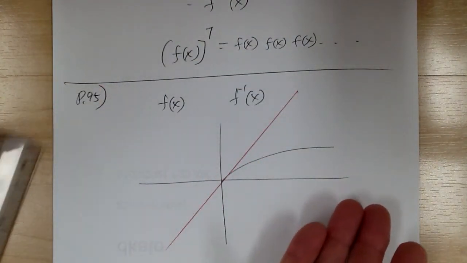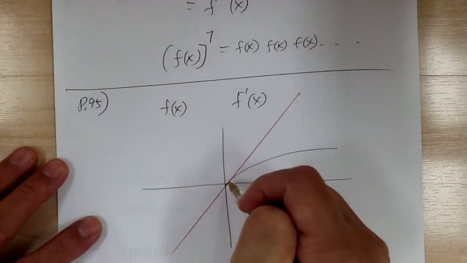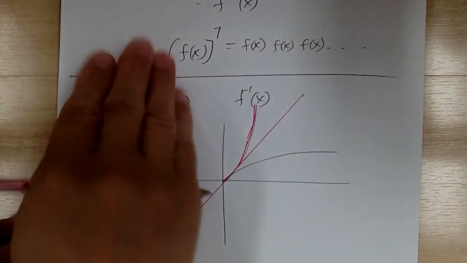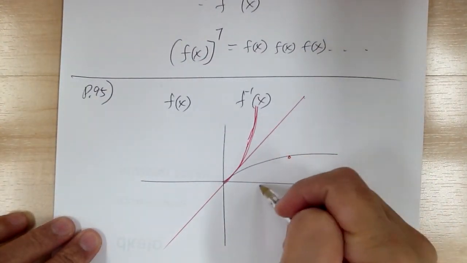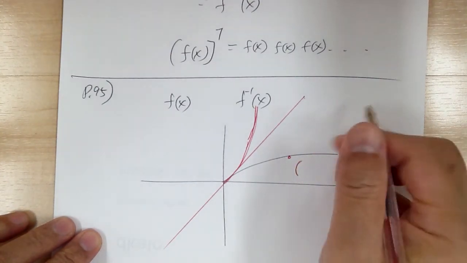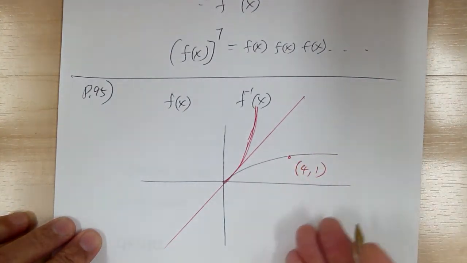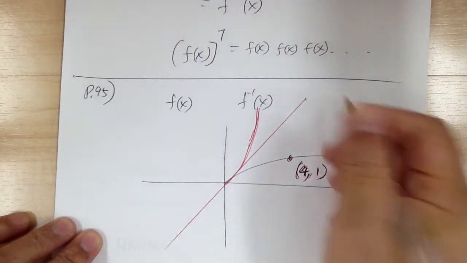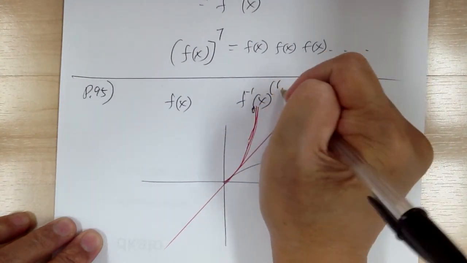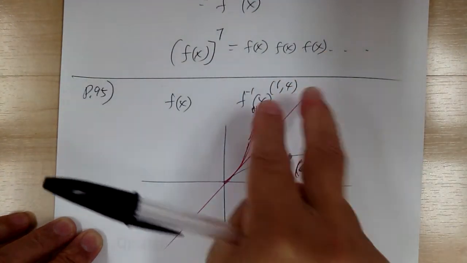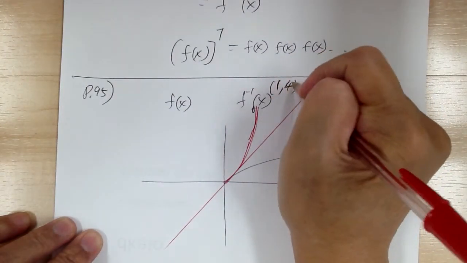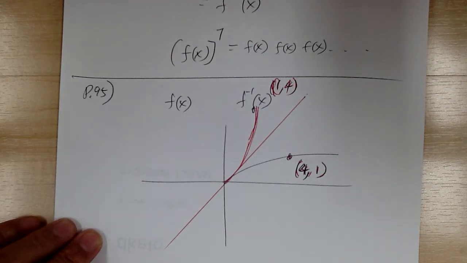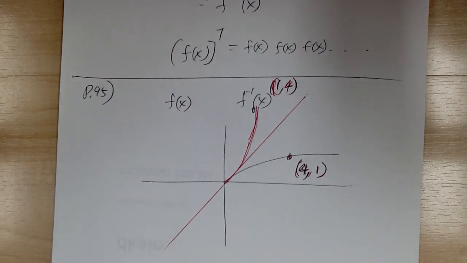So when you interchange x and y, you flip over, so it becomes like this. So let's say you have a point, I'll just do a random point. Let's say you have 4, 1, the black one. Then the inverse function will have a point at 1, 4 because x and y are switched. Okay, so that's another important piece of information to know with the graph. Again, remember a function and its inverse are switching x and y.